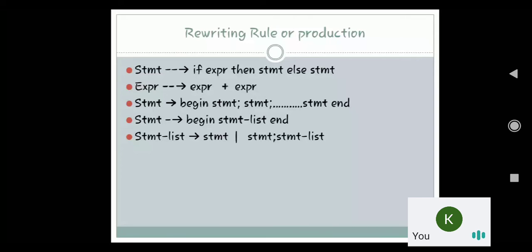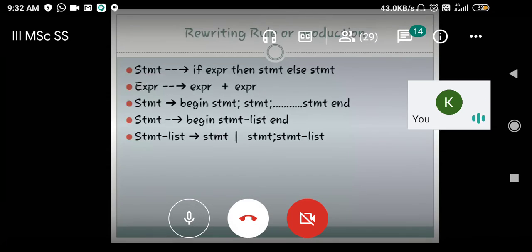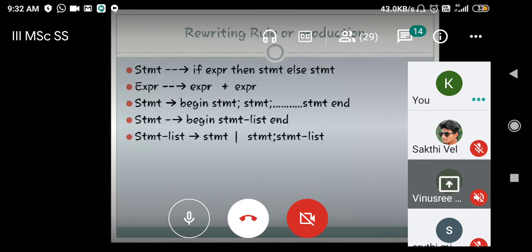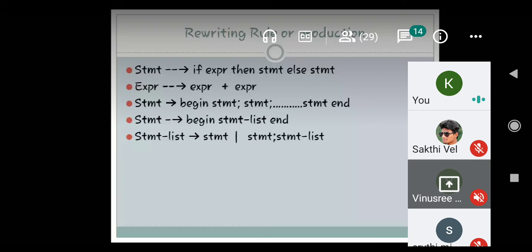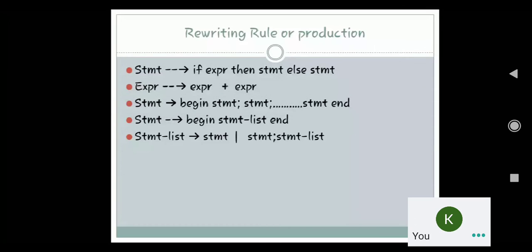Using these productions only, we would be able to perform the parsing process. Whatever parsing process we perform depends upon these productions, so this is very, very important. These are some examples of productions. So, move to next slide, please.